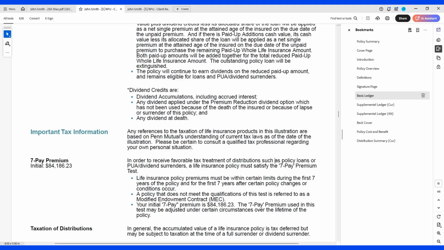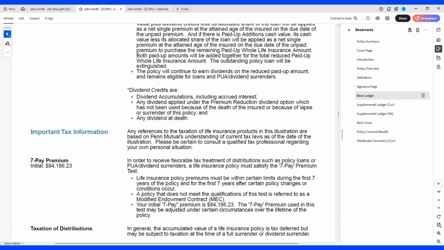And every properly structured policy is going to say that. Nowhere does it say we guarantee that this policy will never become a modified endowment contract. It doesn't say that. You have to be working with an agent who knows what he's doing.